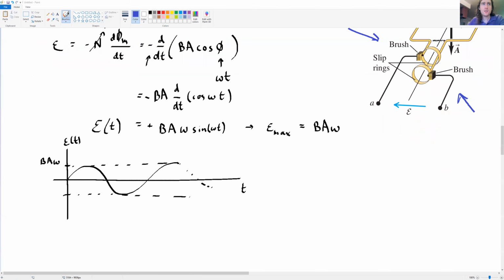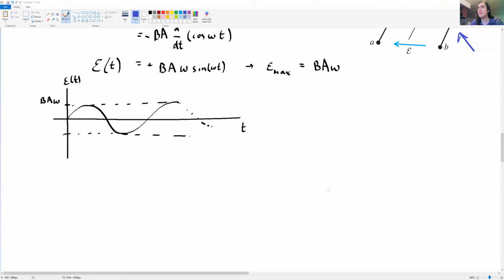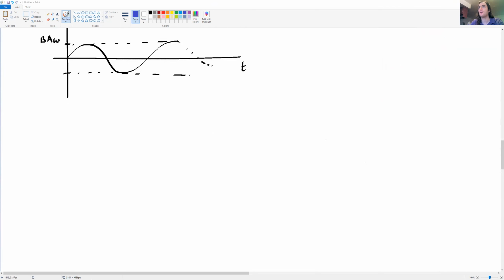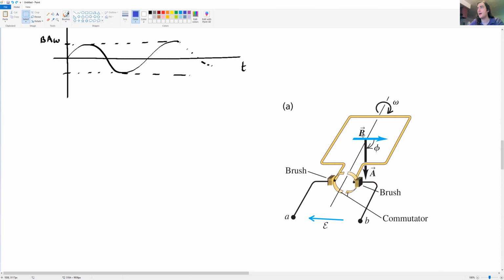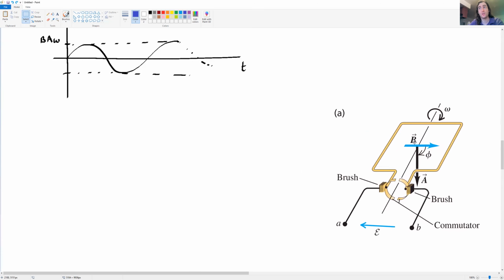Well, you can also set something up, and let me go ahead and pull this image from the book, where you don't actually have an alternating current. You actually have a DC current. So it's always in the same direction. It's always positive voltage. So the current is always flowing in one direction. Now that's this here.